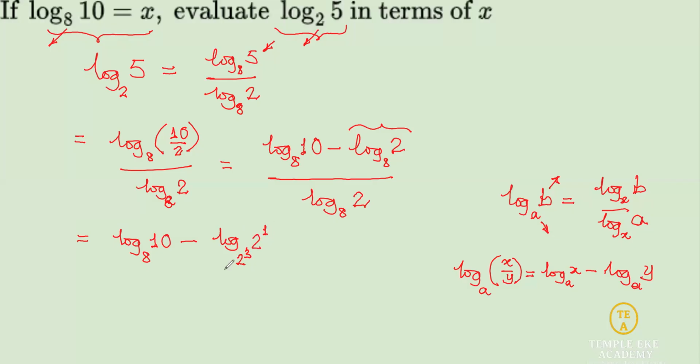This is for a special purpose, divided by logarithm base 8, 8 can be written as 2 to the power 3, of the argument 2, which we can write as 2 to the power 1. I'm warming up to apply that law, a law I discussed in that video. It is given in the link in the pinned comment. Just click on the link in the pinned comment. It takes you to the full video on logarithms, and you have to study that.